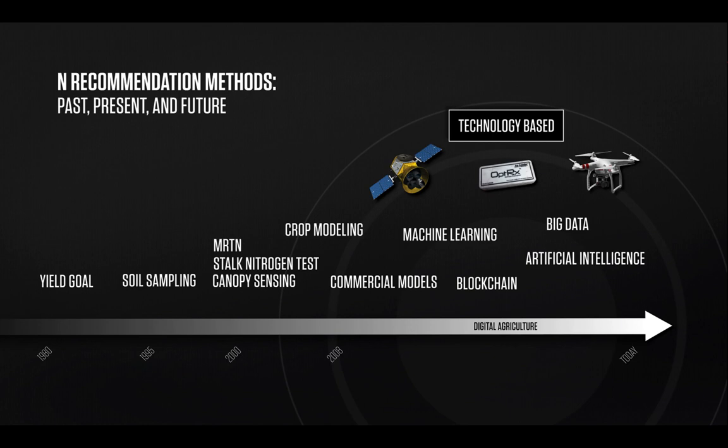And so later in the 2000s, we have more commercial models that utilize a lot of the processes that we know about, how crop growth and things that happen in the soil, and start utilizing a lot of this data that is becoming available into nitrogen management decisions. So this is the transformation, this is the direction that agriculture is taking.